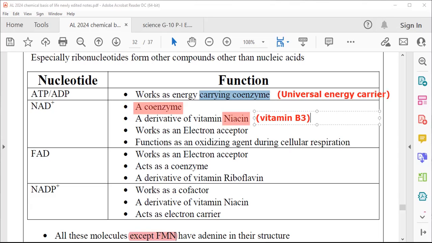Okay. Right. Works as a, here you have a small correction. Except for those words, the others are removed.